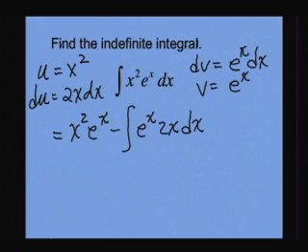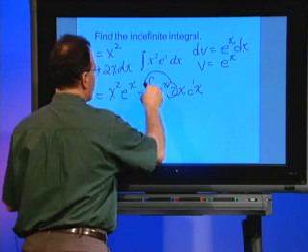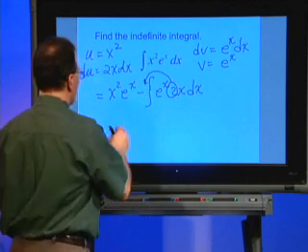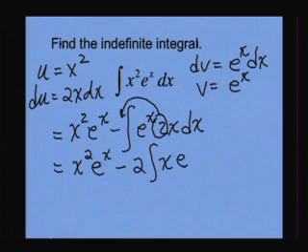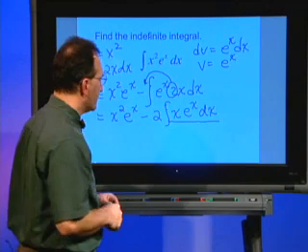Of course, we can take the 2 and bring it out in front of our integral, so that what we have is x squared times e to the x minus 2 times the integral of x times e to the x dx. And we're actually going to use integration by parts on this integral a second time. In other words, we're going to repeat the process.